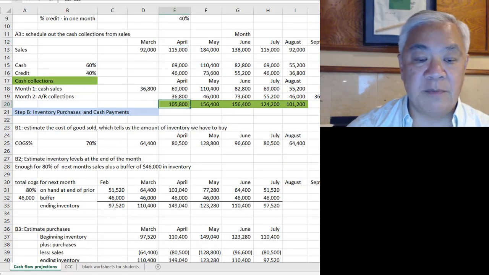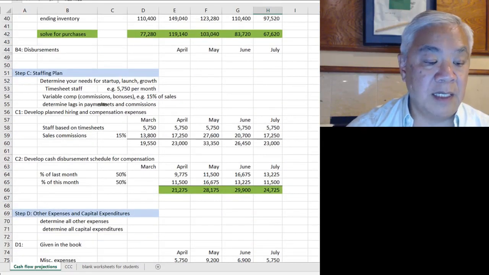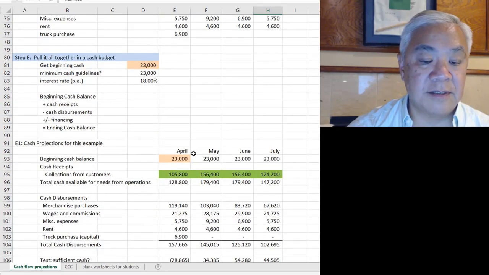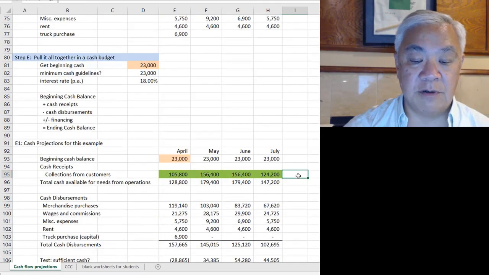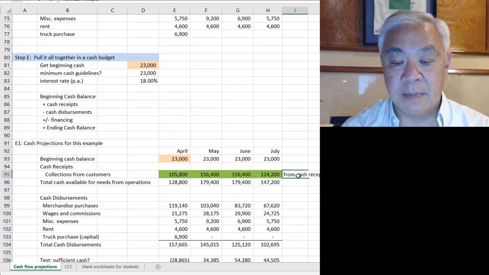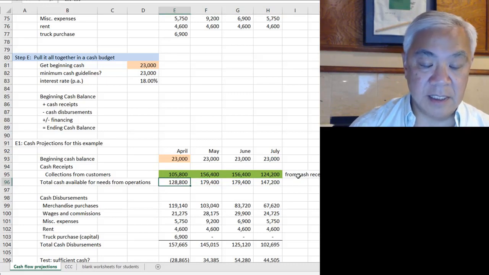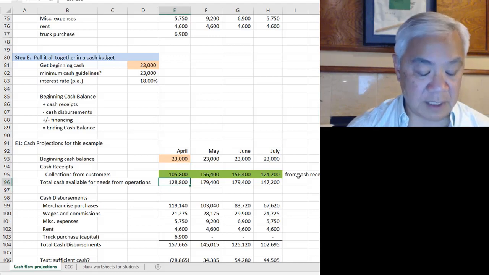So this particular number, 105, and the strip of data out to 124, we will then use below in our cash collections. So that's where this comes from. I'll just put a note here, from cash receipts section. Next, we have a subtotal. So this is the total of 23 plus 105. And we can copy that across.